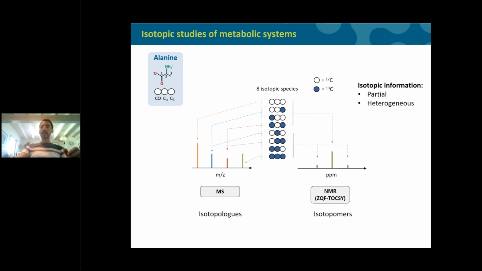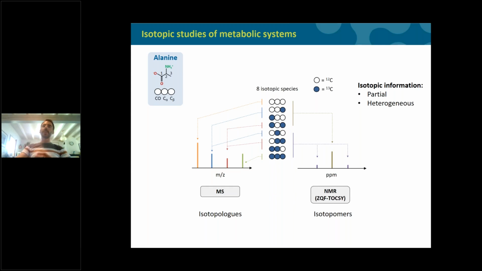By NMR, we can access different types of information. For instance, if we look using TOCSY sequence, the position of the alpha proton of alanine, we can differentiate the pool of species which are C12 at this specific position and the pool of species which have incorporated the C13 atom.